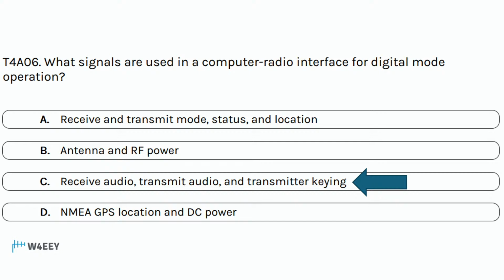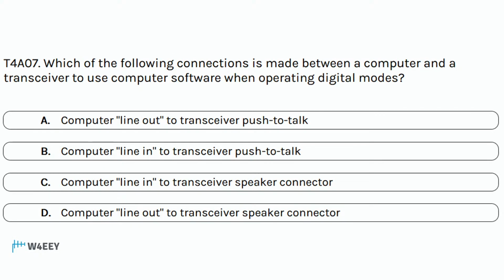Those three things. And which of the following connections is made between a computer and a transceiver to use computer software when operating digital modes? One of the three. We have to get audio from the radio to the computer, and we have to get audio from the computer to the radio.